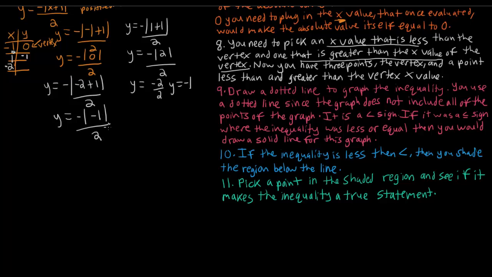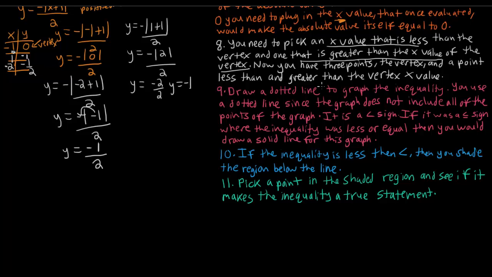And we have to be careful here because once you take the absolute value, negative 1 becomes positive 1, and then when you combine it with this negative, it ends up being negative 1 again. So you end up with y equals negative 1 over 2. So negative 1/2 gets plopped in here.